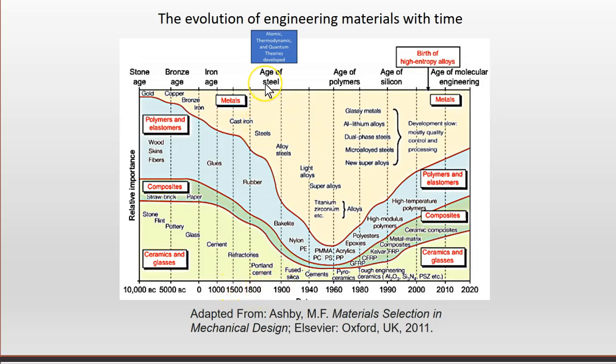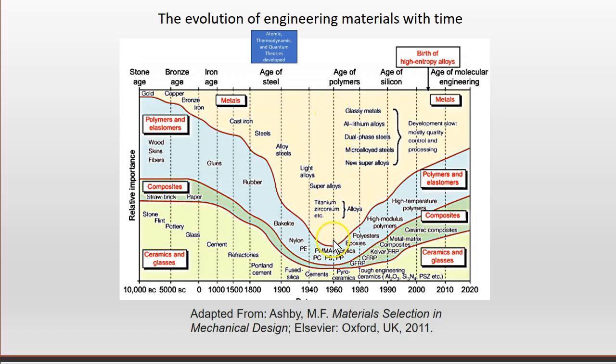Now, it wasn't really until the late 19th and early 20th century that the important theories of atomic theory, thermodynamics, and quantum theories were developed. Those theories are crucial for understanding modern materials and form the basis of modern materials science.